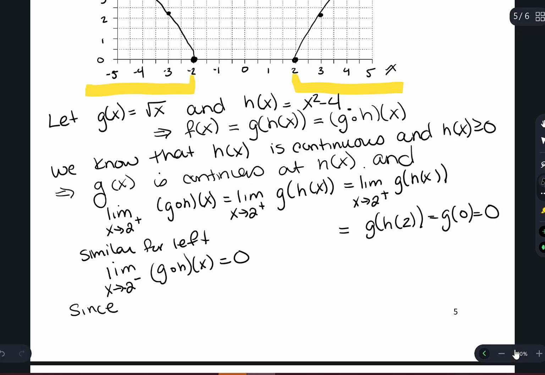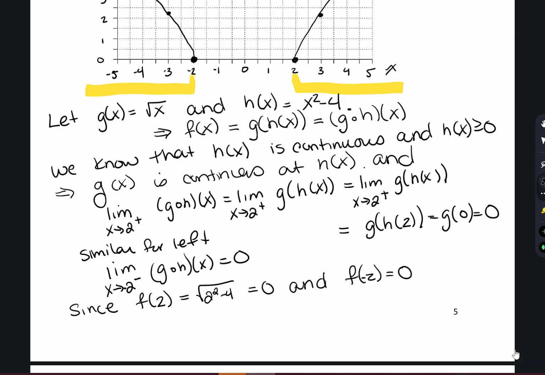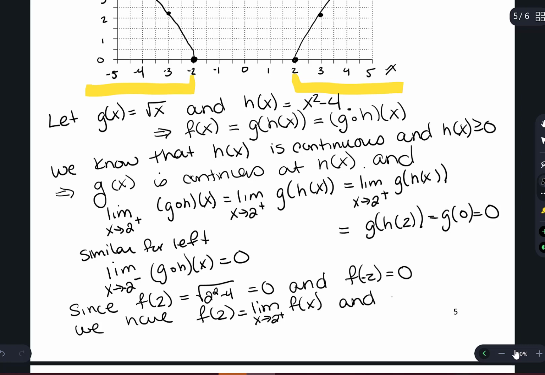And so since f of 2 is equal to the square root of 2 squared minus 4, which is equal to 0, and we can show that f of -2 is equal to 0, we have that f of 2 is equal to the limit from the right and f of -2 is equal to the limit from the left.